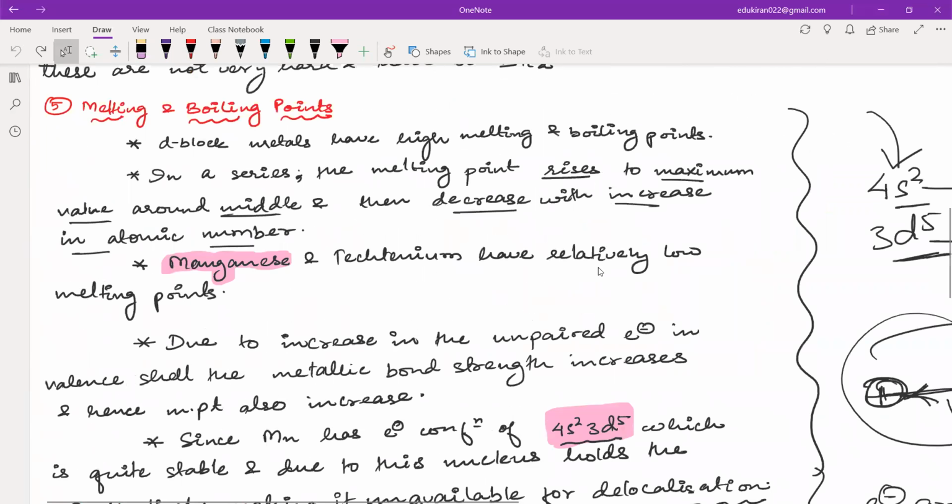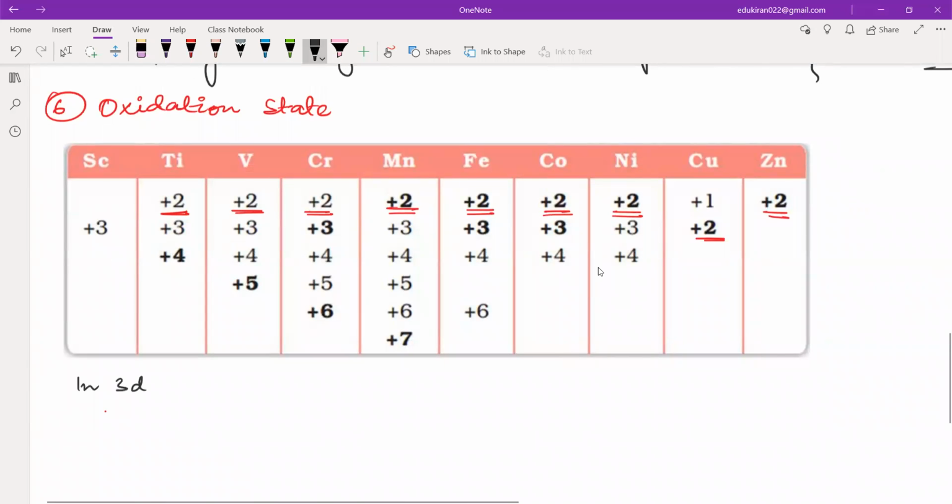In the 3D series, the electronic configuration is 3d 1 to 10 and 4s2. Now these two electrons in the s orbital, all of these have 4s2, right?